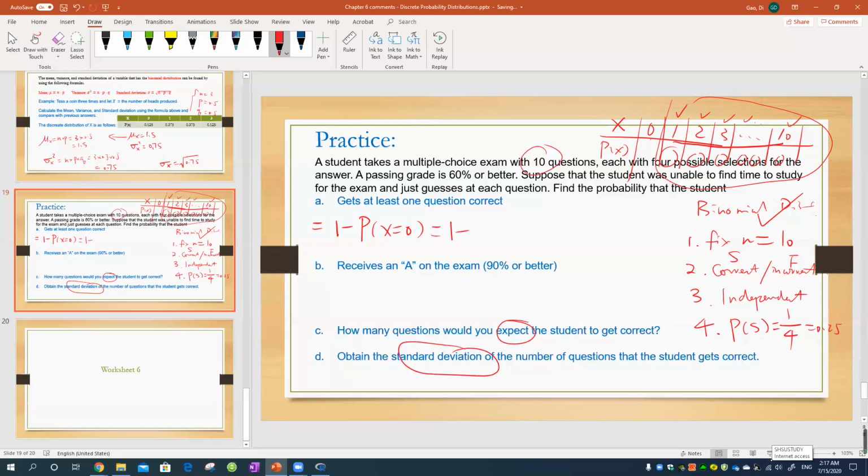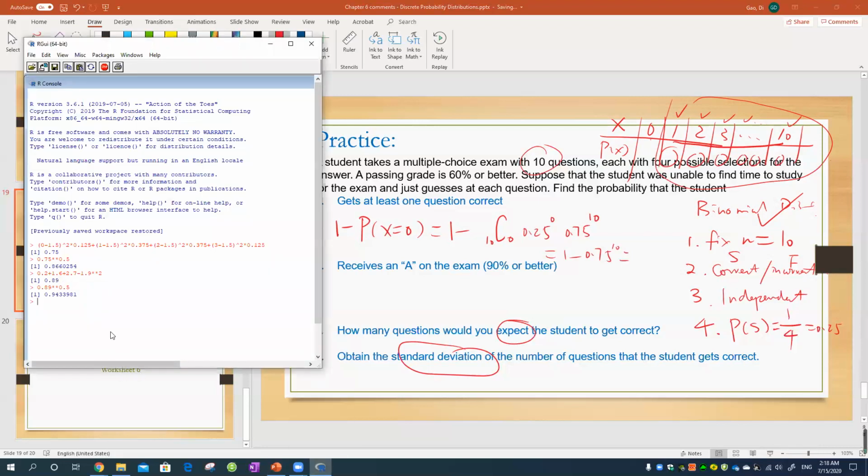So 1 minus 10 choose 0, and then we have p, which is 0.25 to the power of x, and then q, which is 1 minus p, 0.75 to the power of 10 minus x. Anything to the power of 0 is 1, and 10 choose 0 is 1. So it's basically 1 minus 0.75 to the power of 10.